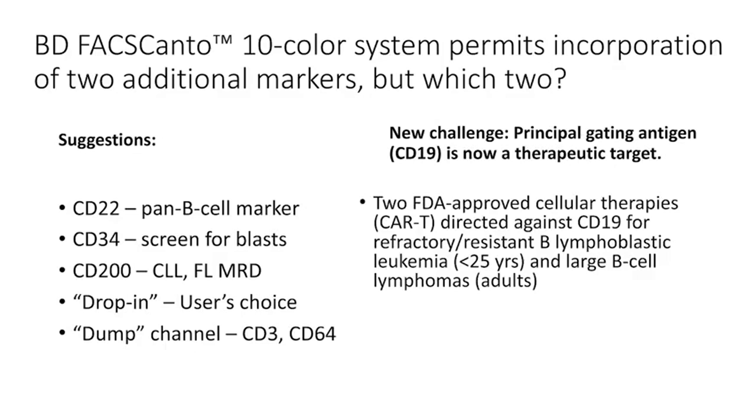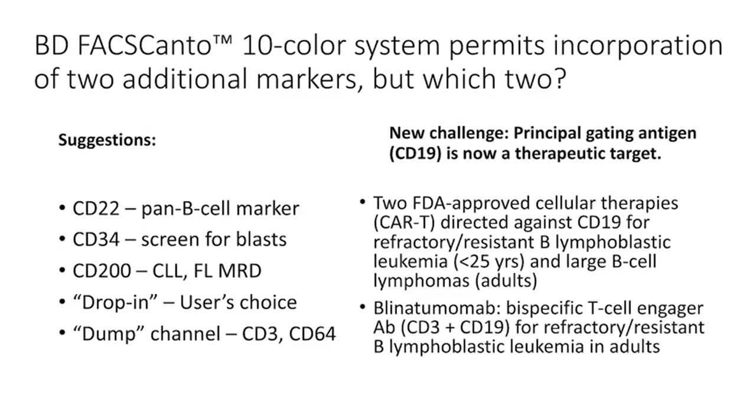So we have 2 FDA-approved cellular therapies that are specifically directed against the CD19 antigen, the CAR-T, chimeric antigen receptor T cells. In particular, it's been approved for refractory resistant B lymphoblastic leukemia and more recently for relapsed large B-cell lymphomas.